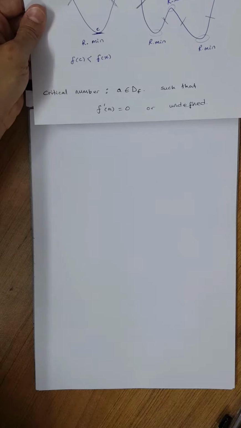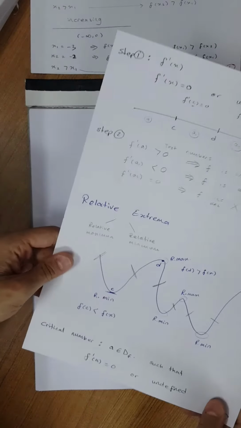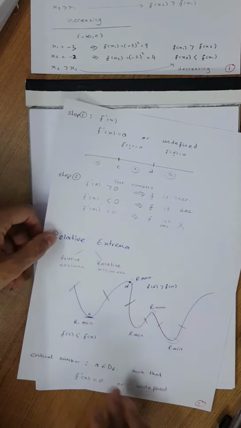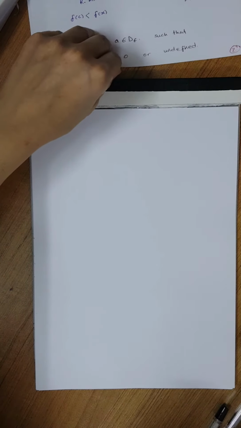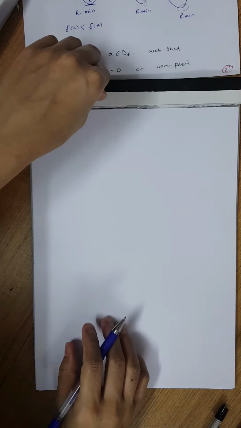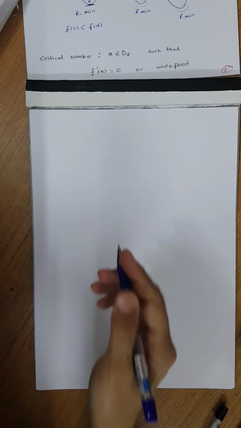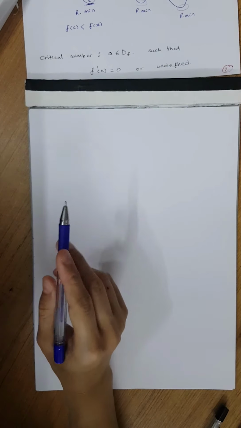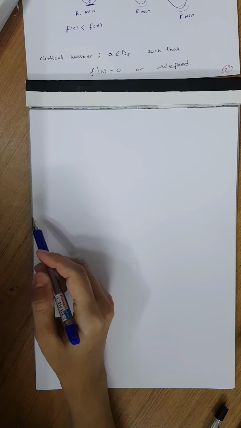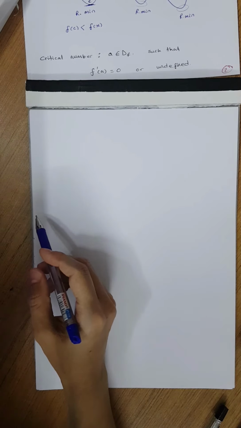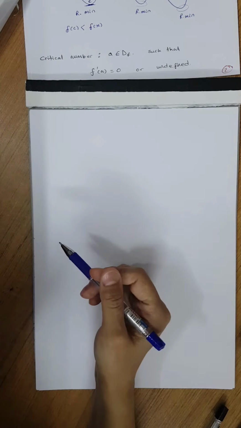Let me talk about the procedure of finding relative minimum and relative maximum. How do we find relative minimum and relative maximum? For finding relative minimum and relative maximum of a function, we are doing the same procedures that we did for finding the intervals of increase and decrease of a function, and we add one more step.